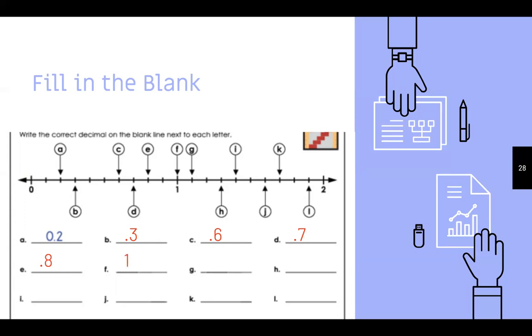And now we start the process all over again, except we now start at 1. We'll do 1.1, 1.2, 1.3, 1.4 instead of doing 0.1, 0.2, 0.3, 0.4.